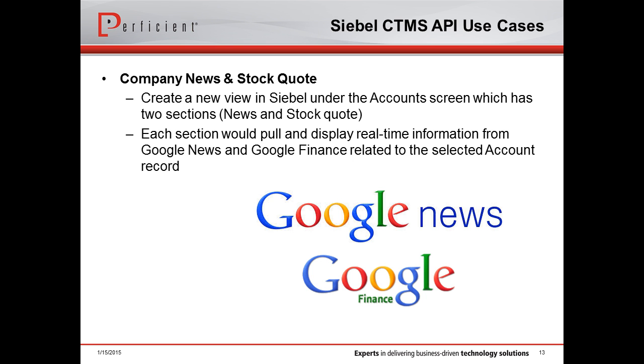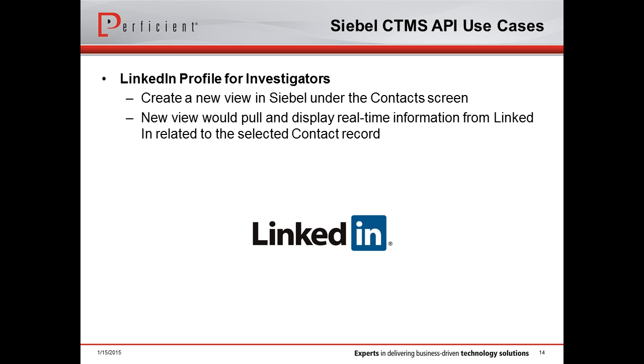We can use the same approach of creating a new view, let's say a news view, underneath the account screen, and have those real-time news and stock quotes information coming directly from the Google websites or their APIs.